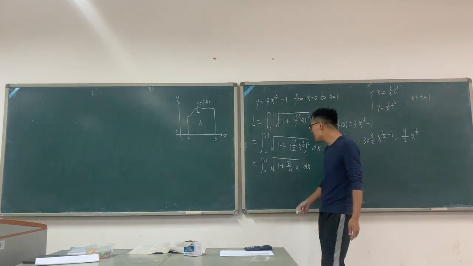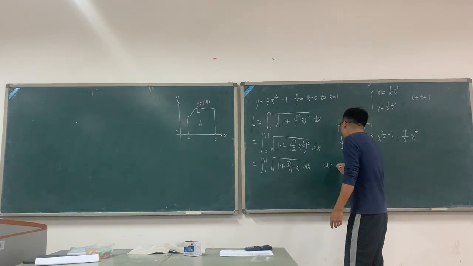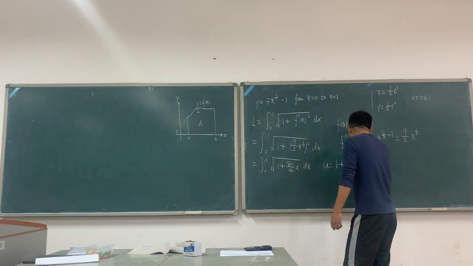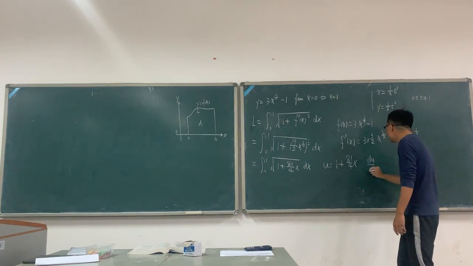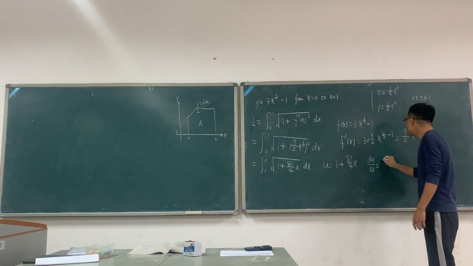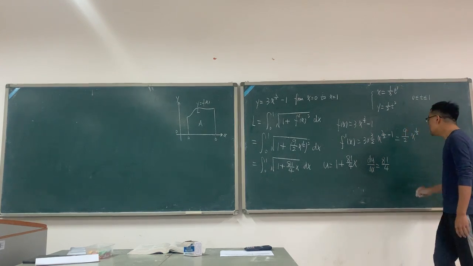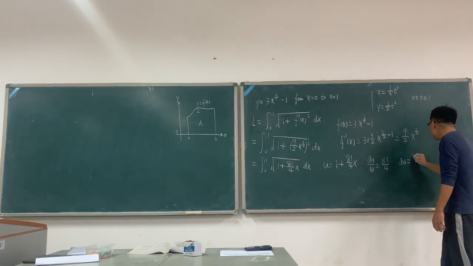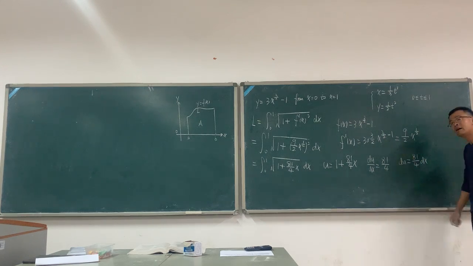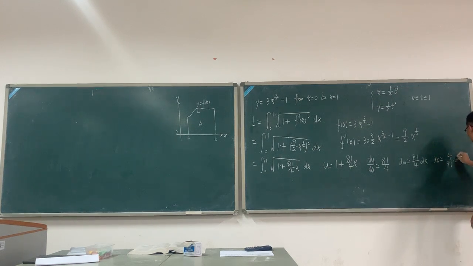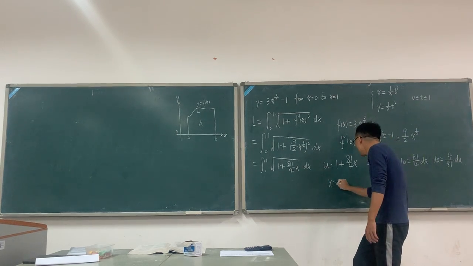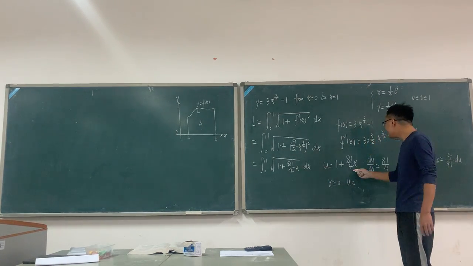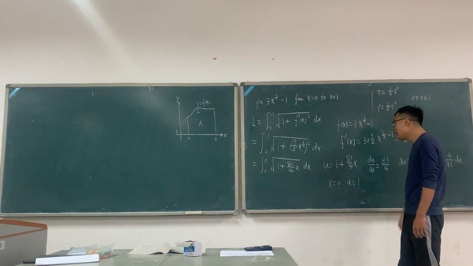So how to find this definite integral now? U substitution, yeah? Let u equal 1 plus 81/4 x. So du/dx equals 81/4, so du equals 81/4 dx, or dx equals 4/81 du. When x equals 0, u equals 1.